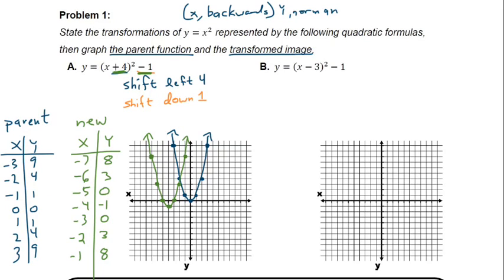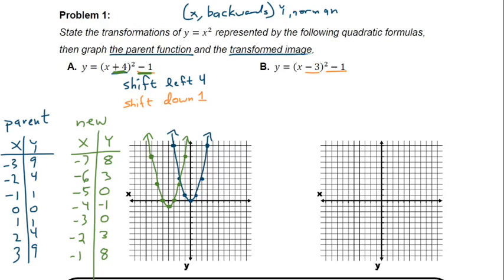Alright, letter B. We've got two things going on in there. We've got a -3 and we've got a -1. Remember, everything inside is backwards because it's from x minus h. So if it's minus h, therefore the h must be positive because that minus is part of it. Everything inside the parentheses is backwards.